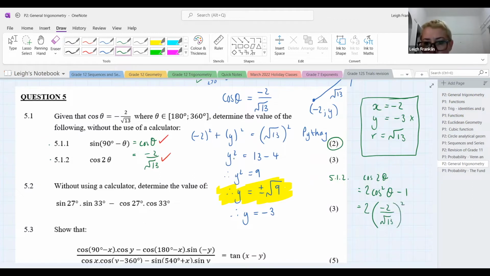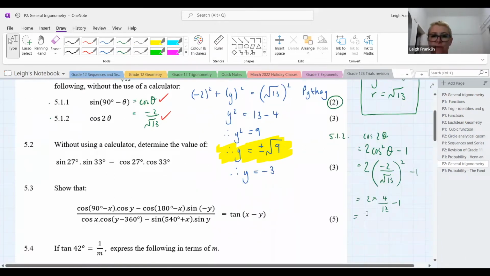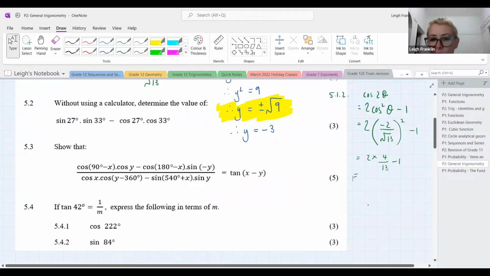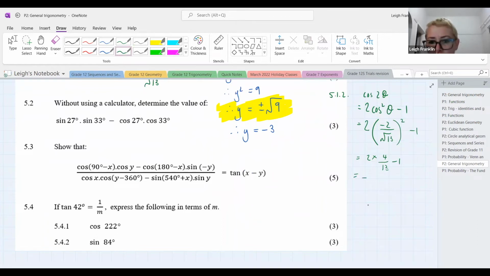We need to square that and take away 1. So this is going to give us 2 times 4 over 13 minus 1. So our final answer would be 8 over 13 minus 1, which would be minus 5 over 13, if I am on the correct track here.